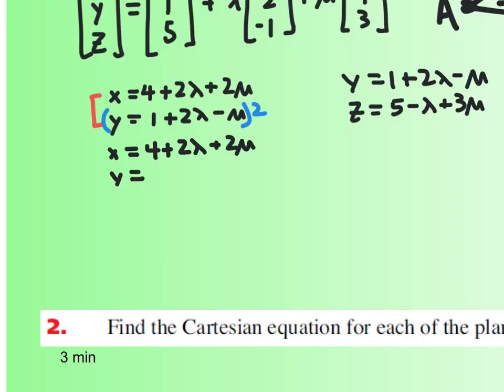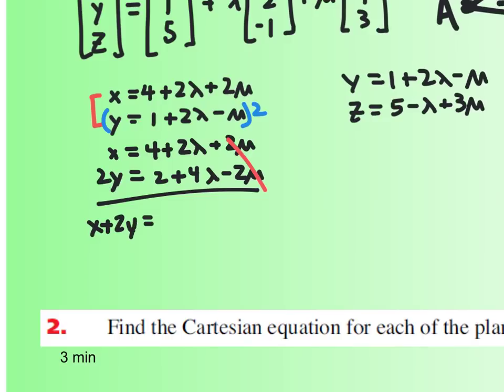And this would become 2y equals 2 plus 4 lambda minus 2 mu. You'll see those mu's will cancel. So what I get is x plus 2y. This is basically what I did on the previous example, except one step less, since I didn't have to find those direction vectors. Looks like 6 plus 6 lambda.